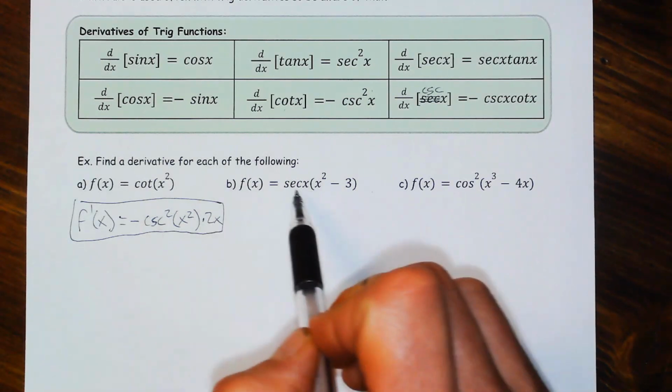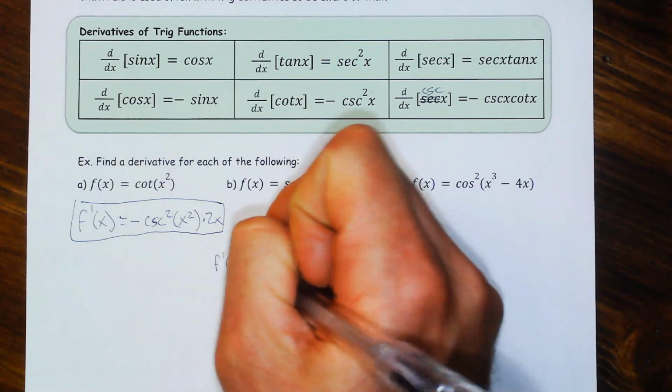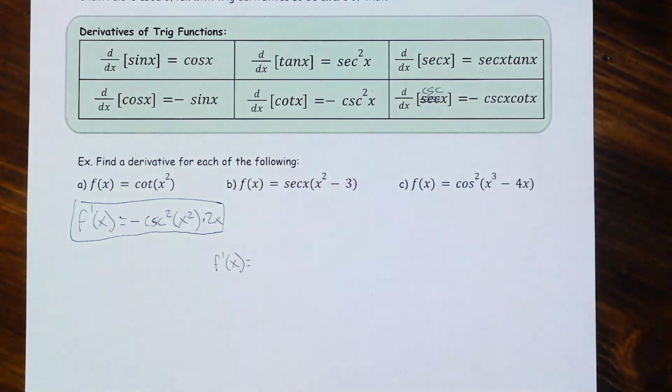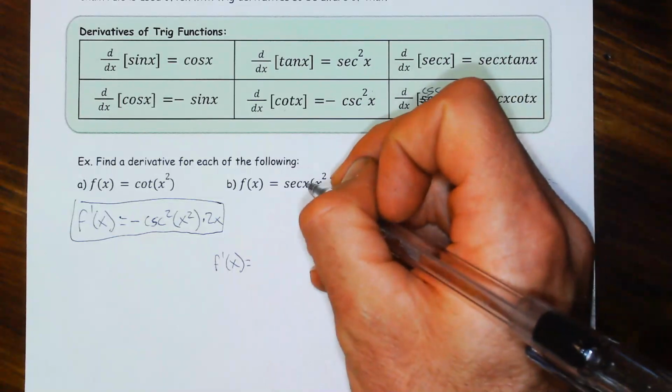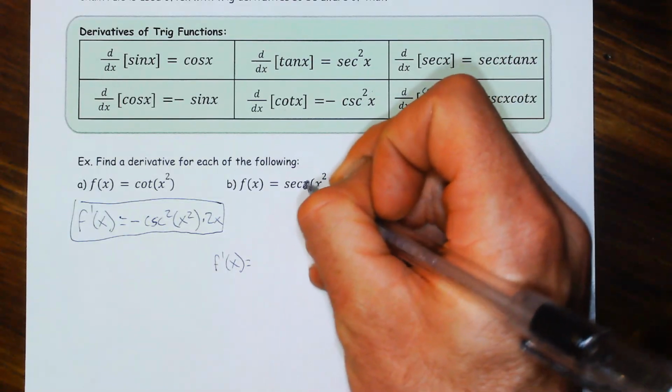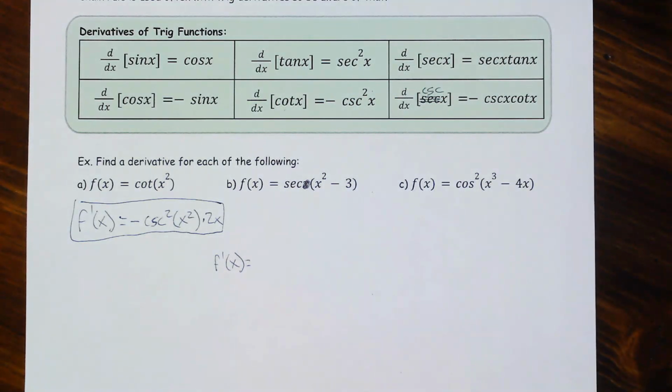Okay, next one, secant. So this f prime of x equals, this is secant tangent. That x should not be there. So secant x squared minus 3. That's what I was going for when I wrote that problem. So just reset there.